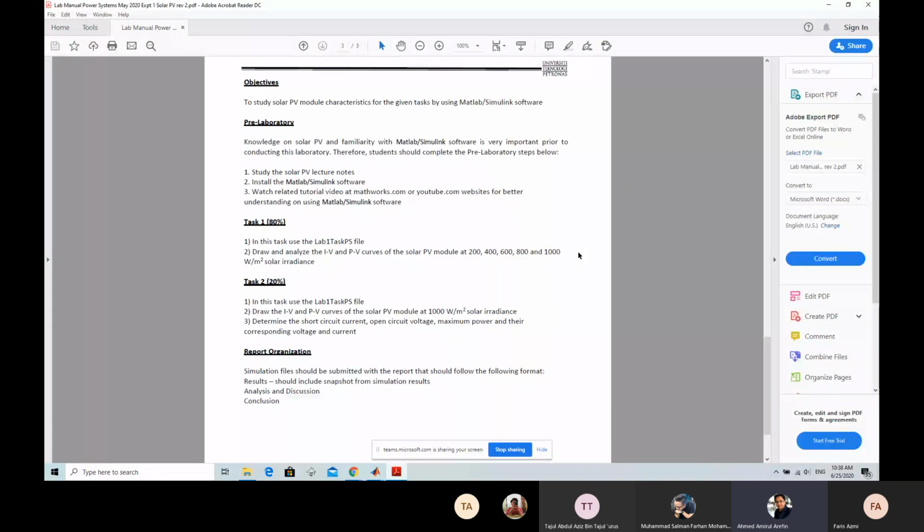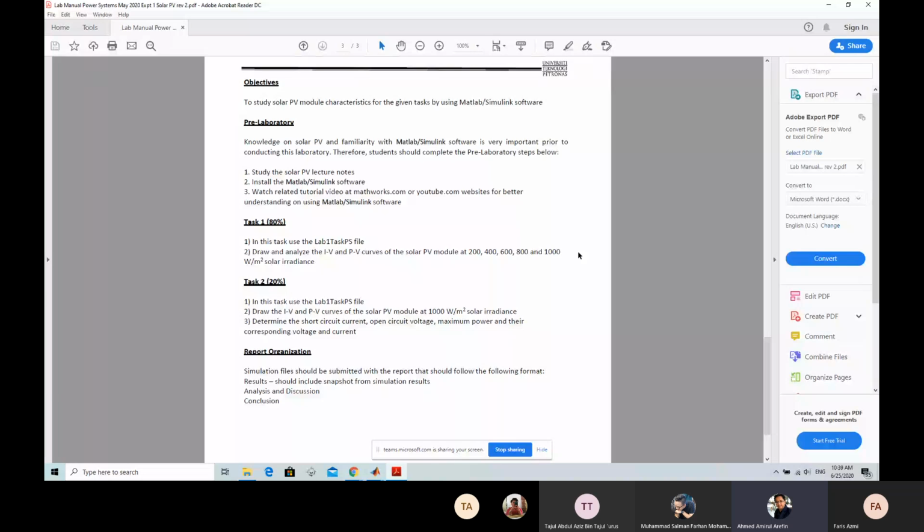Okay, so basically here they are talking about the short circuit current, open circuit voltage, and the maximum power. Once you have the power equation, P equals VI.